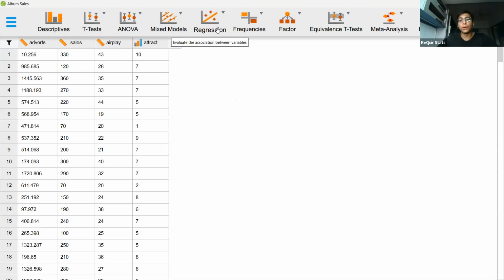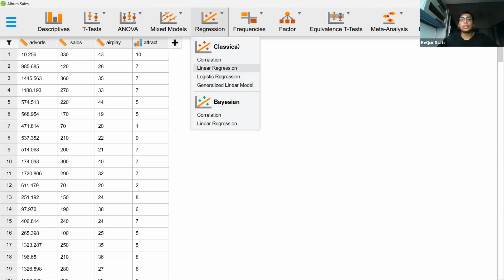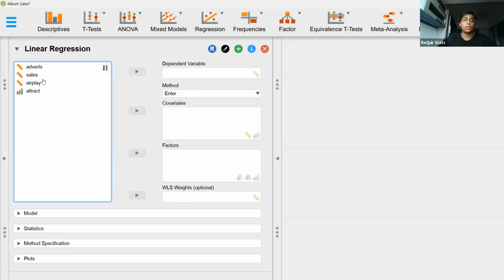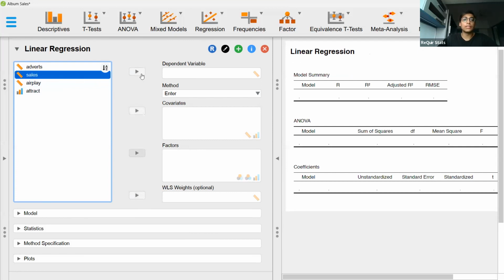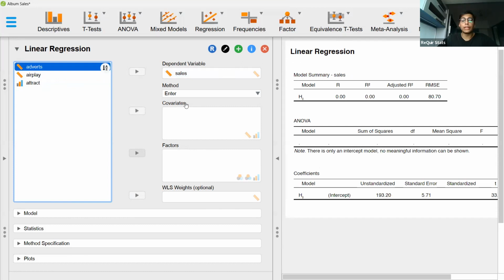Let me show you the power of regression by going to this regression module and selecting the linear regression option. Now we'll put the sales variable into the dependent variable box and the adverts into the covariate. So now if you pay attention closely, we have 2 boxes.